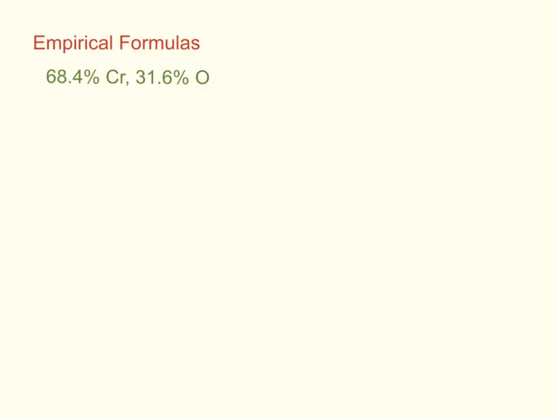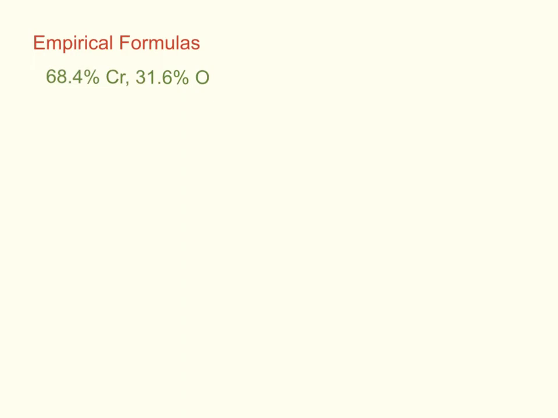You will also need to calculate some empirical or molecular formulas given the percentage decomposition results or the gram decomposition results. There was a little rhyme that I used in the video that said percent to grams, mass to mole, divide by small, multiply till whole, as a way of keeping track of your steps for doing empirical formulas.